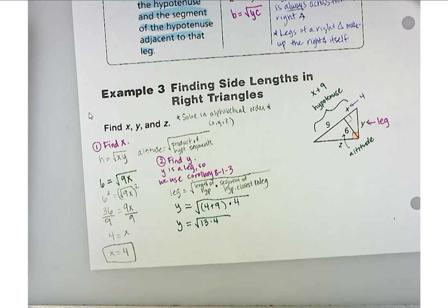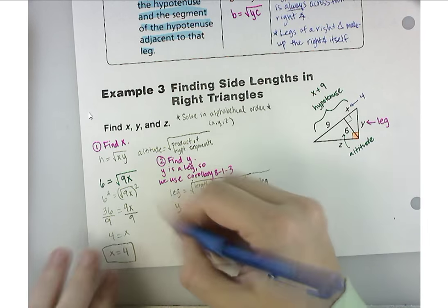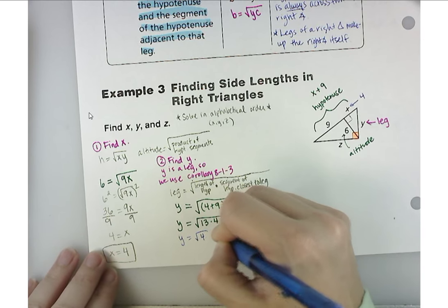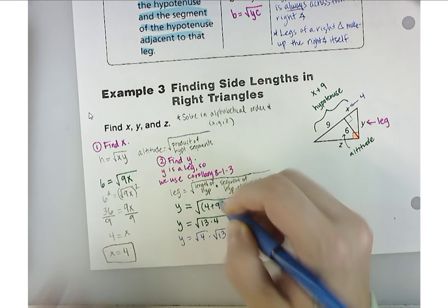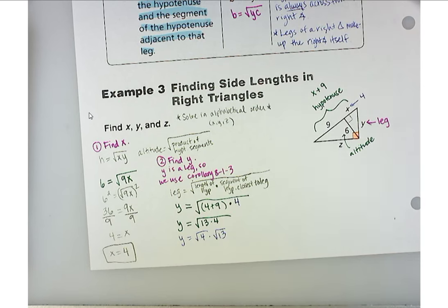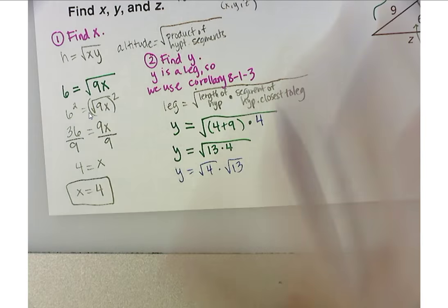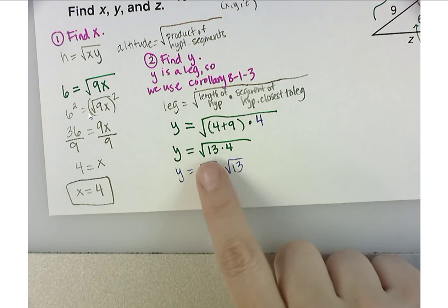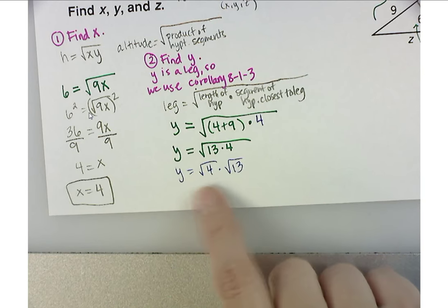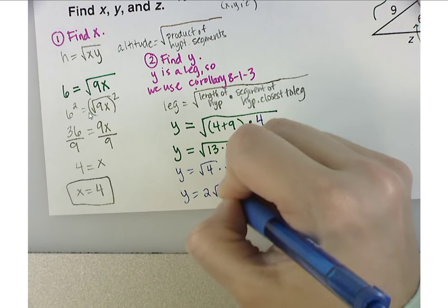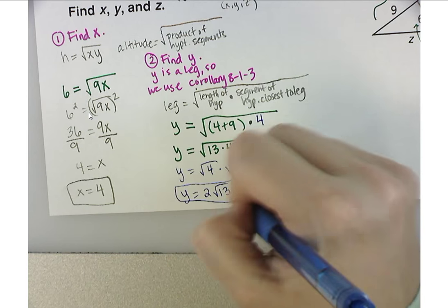So, wouldn't this be the square root of 4 times the square root of 13? Can I just rearrange those? Instead of 13 times 4, I can do 4 times 13? Because what's the square root of 4? 2. So this is going to be 2 square root of 13.